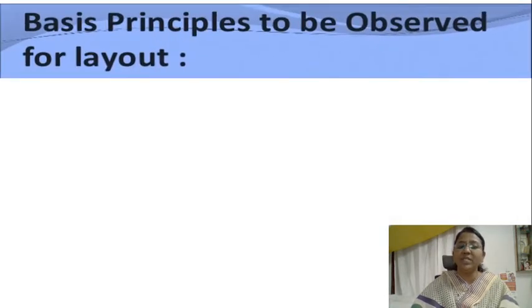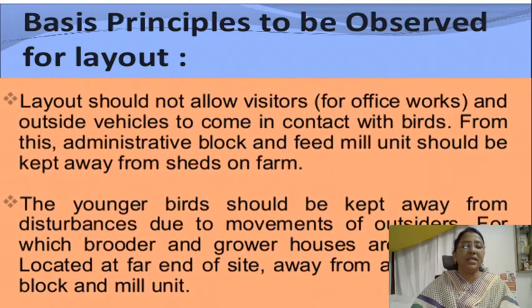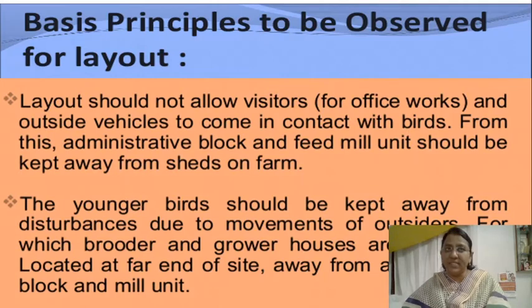The basic principle to be observed for the layout is that the layout should not allow visitors. That point has to be noted and maintained throughout, until the poultry is dispersed to the market. Except officials who are working over there, outside vehicles should not come in contact with the birds.